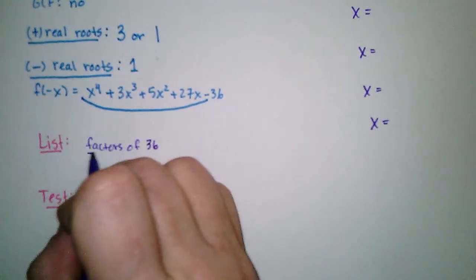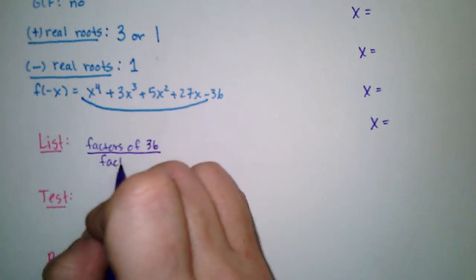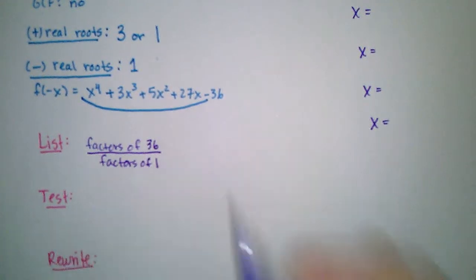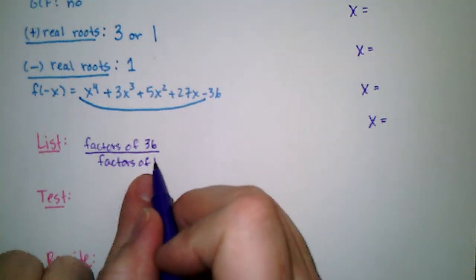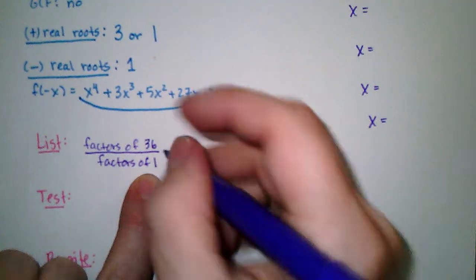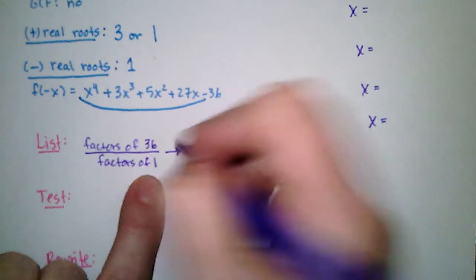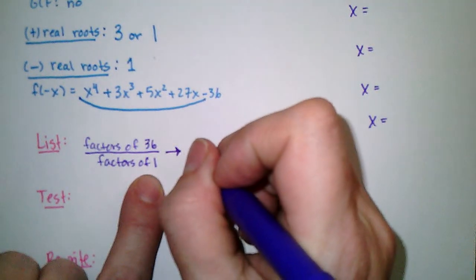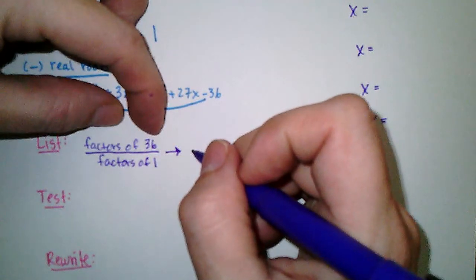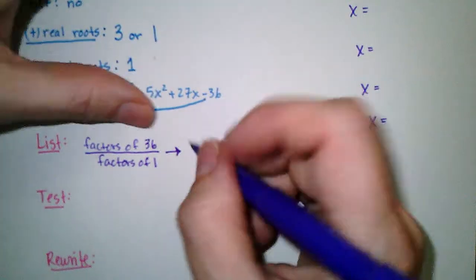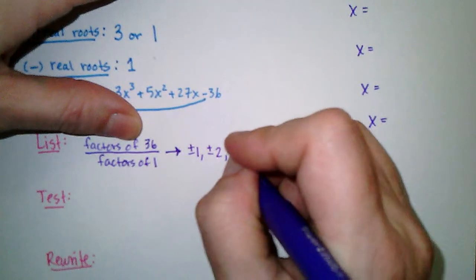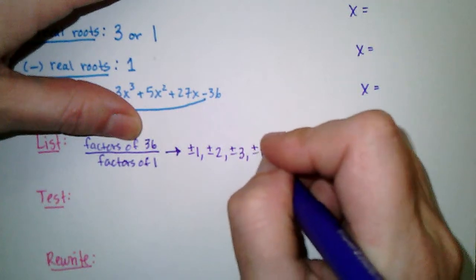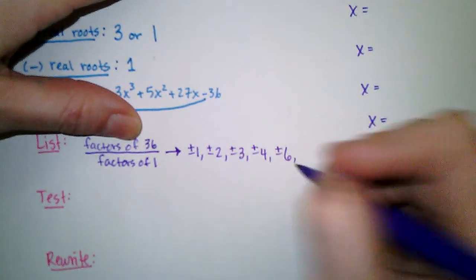So factors of 36 over factors of 1. Now, when your denominator is factors of 1, there's only one denominator. So it makes it really fast to write your list because it'll just be all the factors of 36 and that's it. So we do plus or minus 1, plus or minus 2, plus or minus 3, 4, 6.